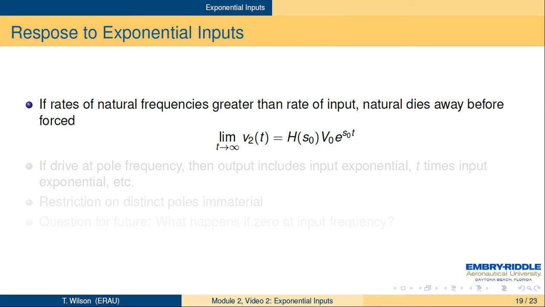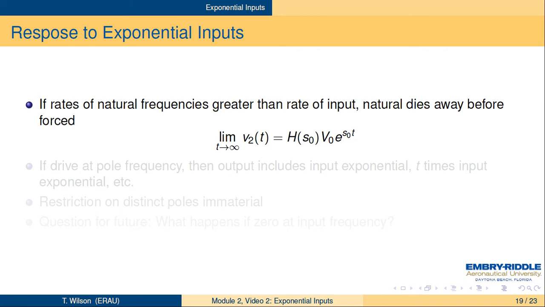As long as the natural frequencies have faster rates, faster time constants than the input does, the natural response is going to go away before the forced will. So if you wait long enough, that's what all that limit t goes to infinity means there. If you waited long enough, the natural response goes away and you're just left with H of s naught v naught e to the s naught t as the response.